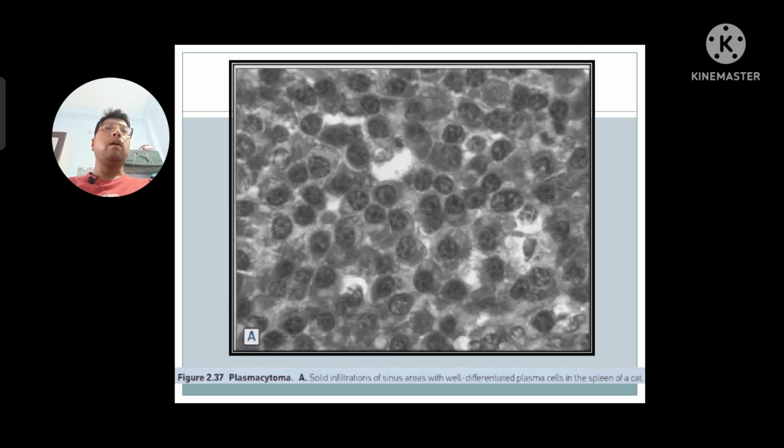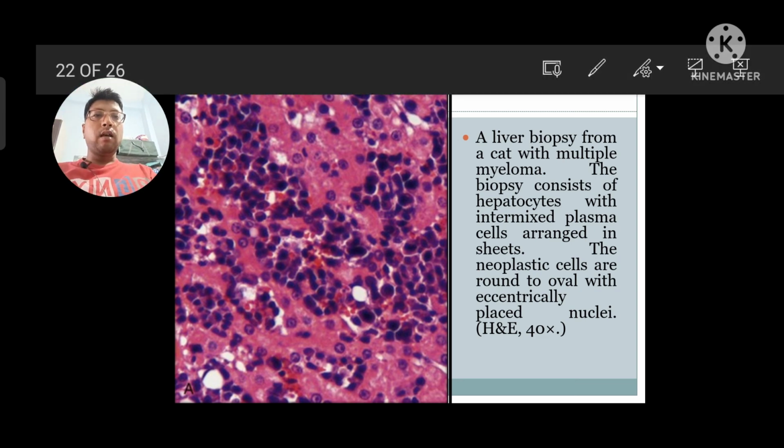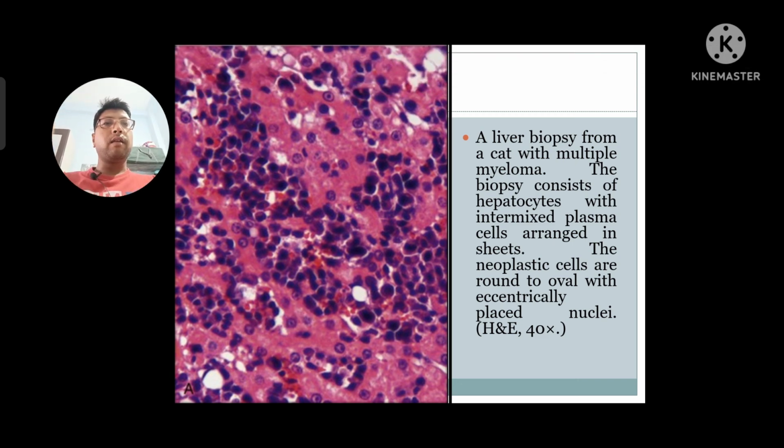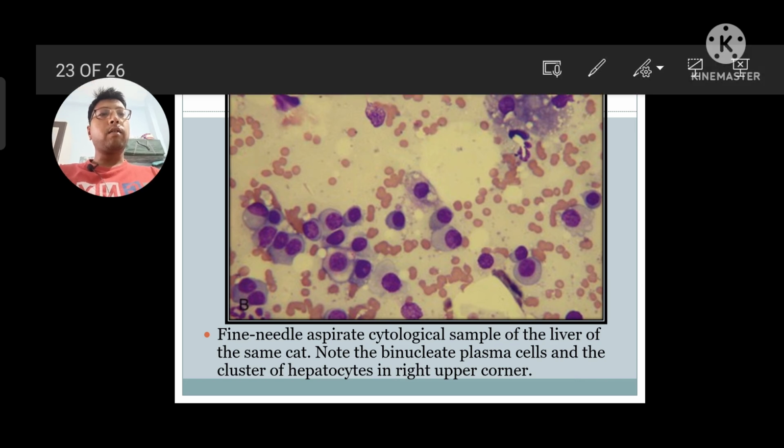Here the multiple myeloma has been seen, and about 60% of bone marrow aspirates show multiple myeloma cells. This is a liver biopsy, and you can see especially this cell and this cell. These cells have eccentric nuclei, and they are multiple in number. In this picture again you can see the high mitotic index.